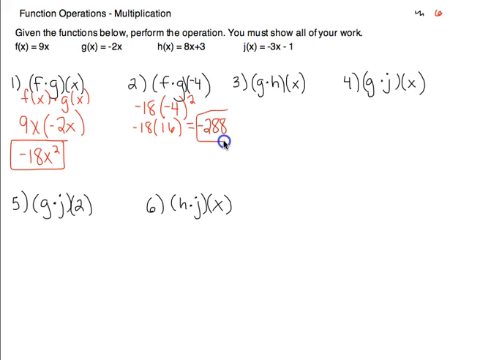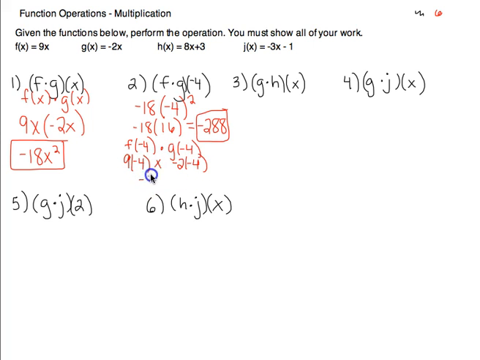Now again, that's all you have to do. But I just want to point out to you that if you hadn't been asked for this, you could, instead of doing this work, also do f of negative 4 times g of negative 4, because those have the same meaning. So f of negative 4 would be 9 times negative 4, and then we would multiply that by g of negative 4, which would be negative 2 times negative 4.